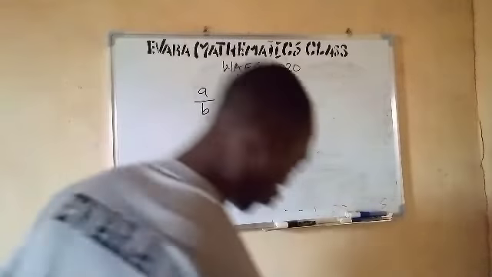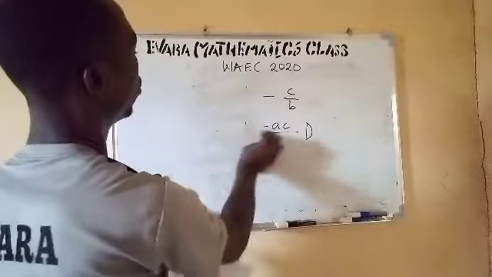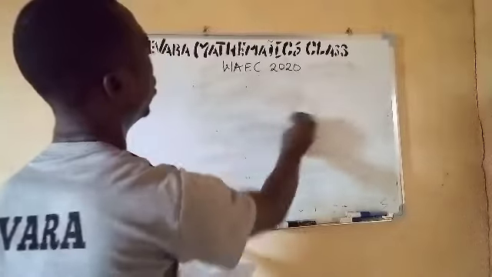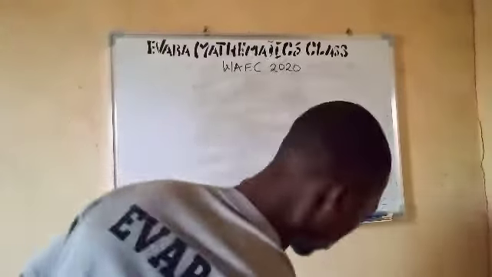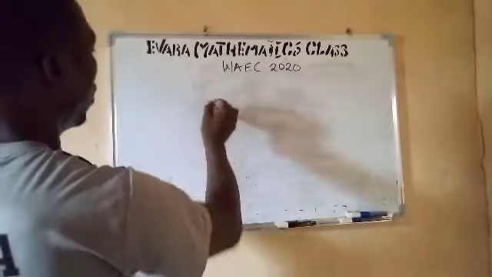Then we go to question number 24. We have an equilateral triangle.